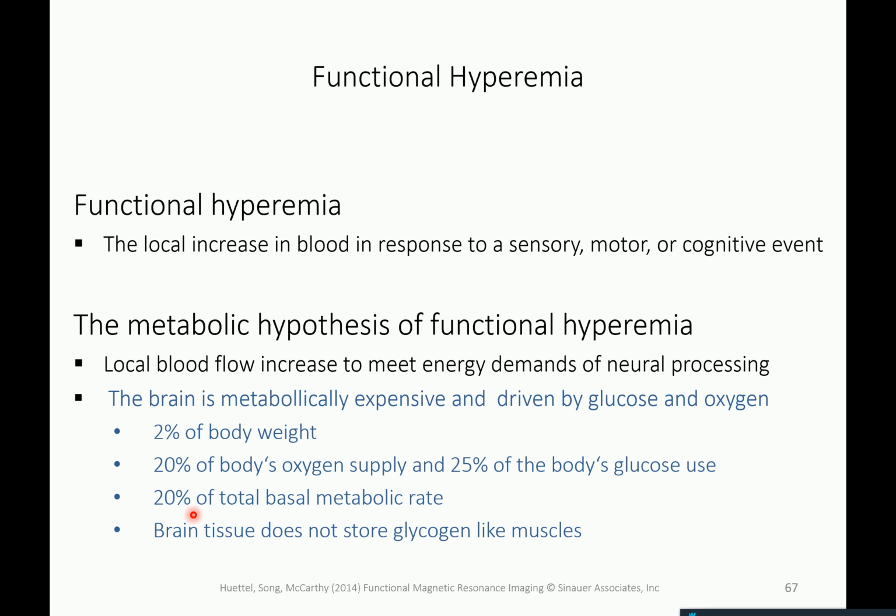So it's actually really metabolically active, eats a lot of energy, and it does not store glycogen like muscles do. So it needs to be constantly supplied with energy.